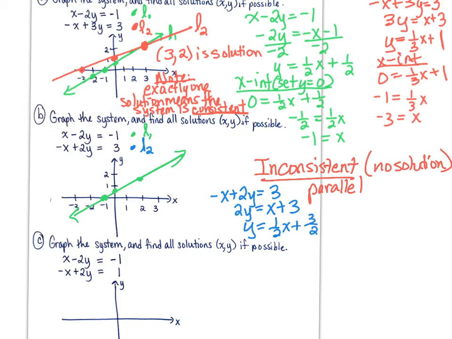Is that what you got? Yeah. Okay. So that means your y-intercept is what? 3/2. Good. And you can use your slope to graph the rest, and you'll find that this is parallel. Okay? What questions do you have?